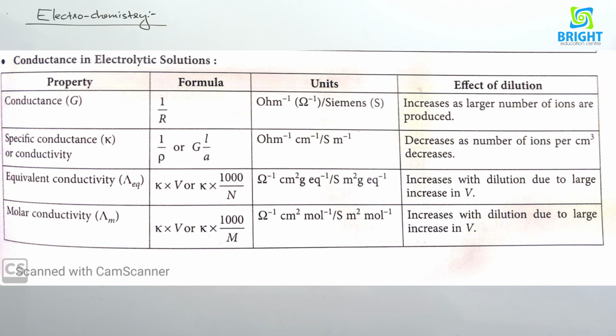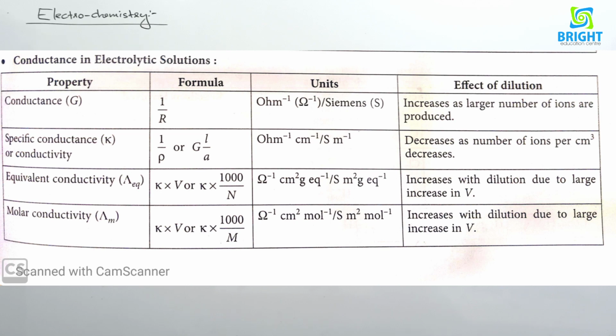In molar conductivity, we are using molarity, and the unit is ohm inverse centimeter square mole inverse, or you can use Siemens meter square mole inverse. These are the equations related to conductance. Then you can look up the equations related to resistivity and its conditions.